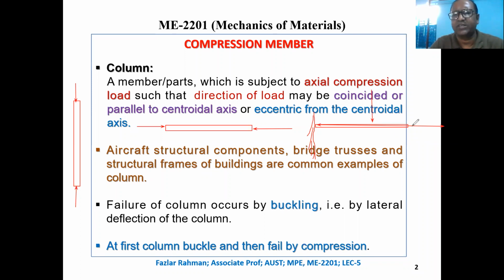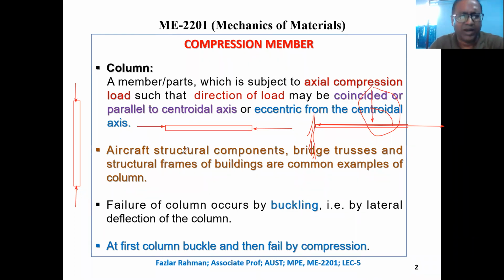So this is the axis of the body and it make 90 degree angle. So this will be beam because the load is applied perpendicular to the longitudinal axis of the body. And this type of load also is called transverse load.